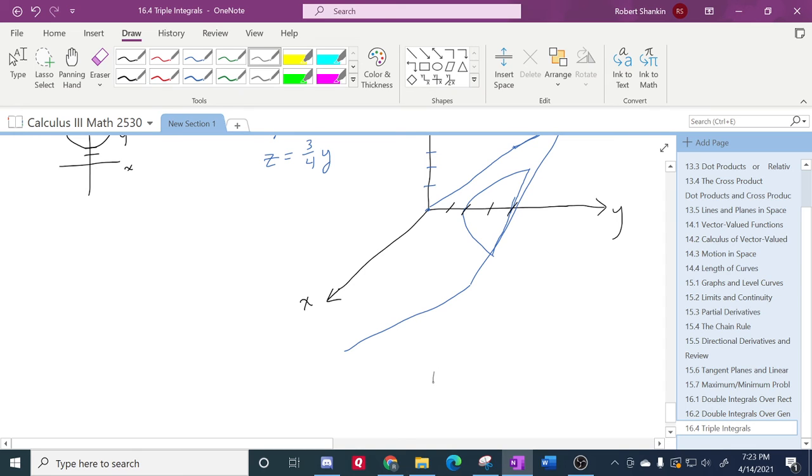We have this parabola. But the back side of it is going to be hidden from view, so I'll put it as dotted. And then we've got this. This is this parabola down in the XY plane.